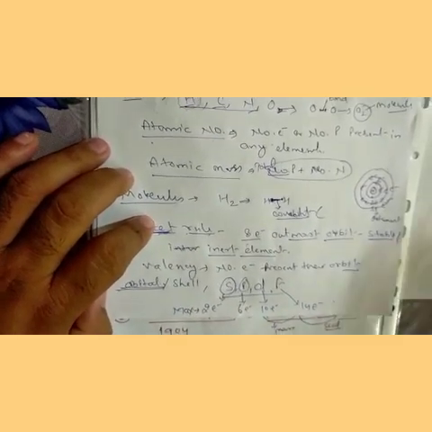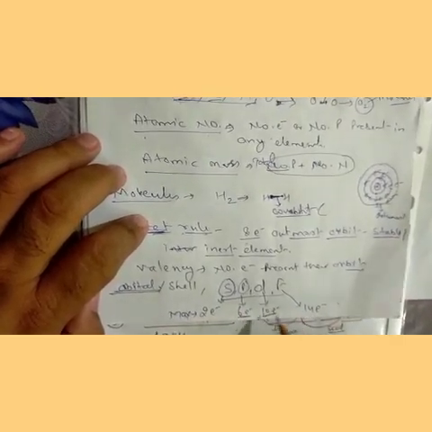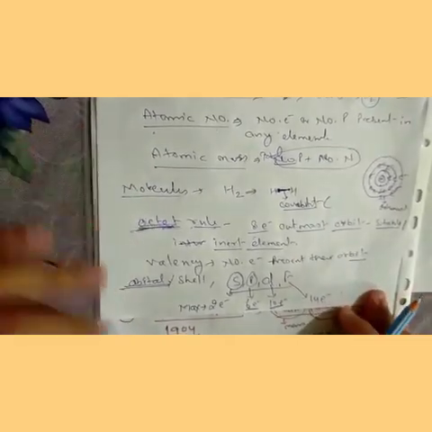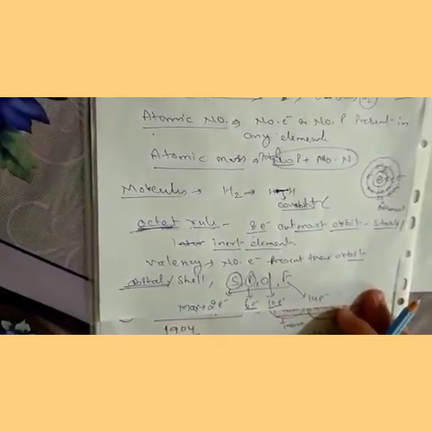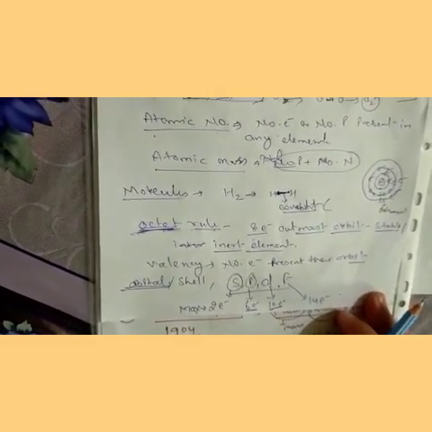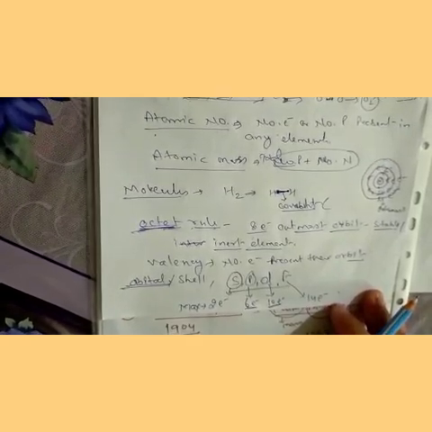Then you have the p orbital with a maximum of 6 electrons, then the d orbital with a maximum of 10 electrons, and then the f orbital where you can have a maximum of 14 electrons.